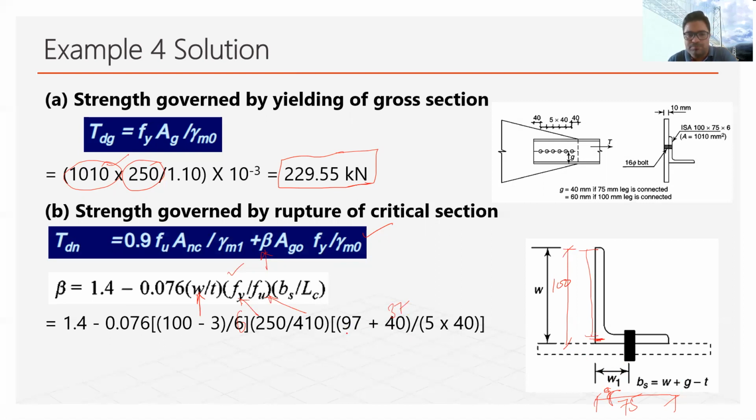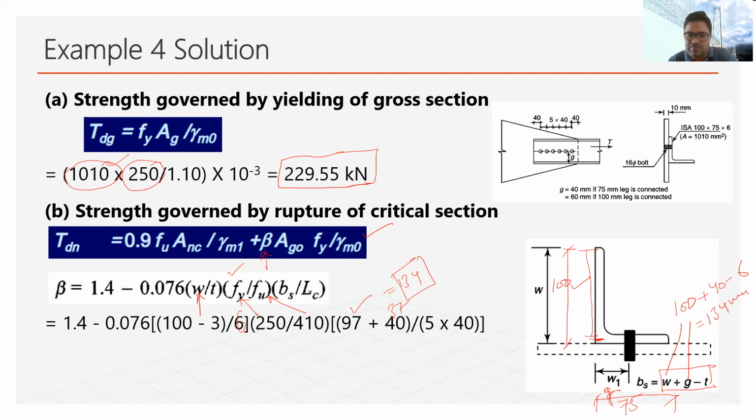So now 97 is W, and you can see here W plus G minus T. If we consider W as 100, G as 40, then T will be deducted. Then the value will be 100 plus 40, 140, minus 6. So this will become 134. So this is what I said, 97 plus 37. So this becomes 134. Okay. So this is how we calculate the value of BS.